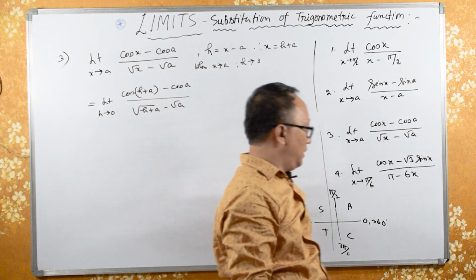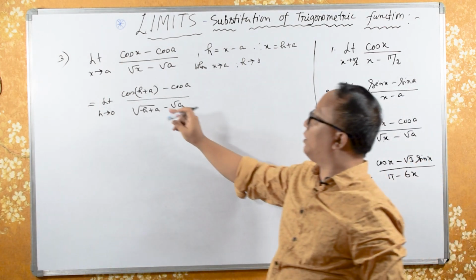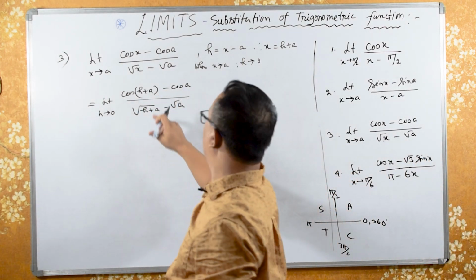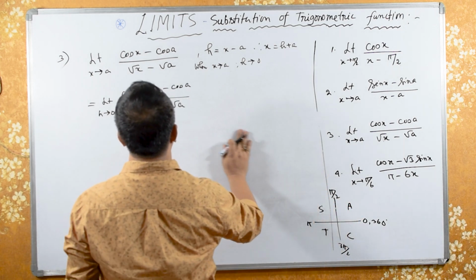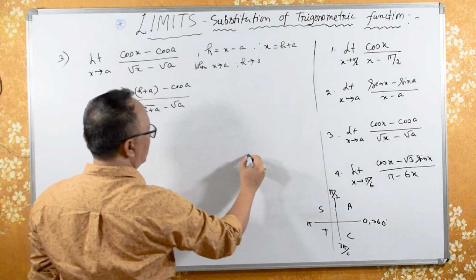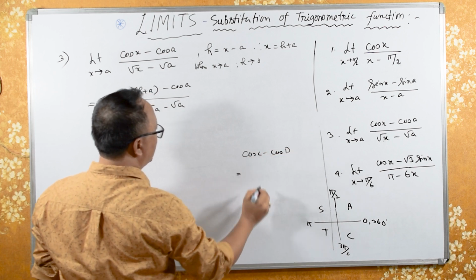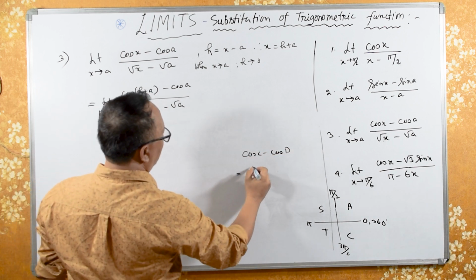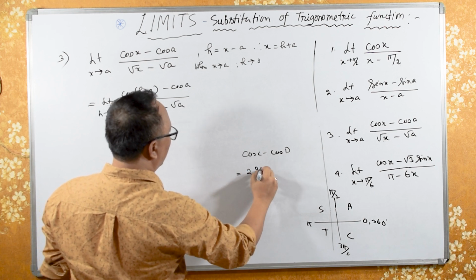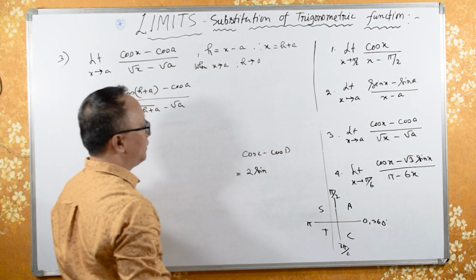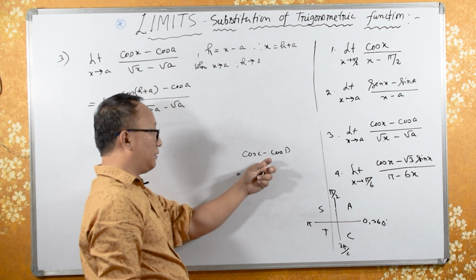Okay. Now here what we can do is apply the cos c minus cos d formula. Remember, cos c minus cos d is 2 sine of (c plus d) upon 2 times sine of (c minus d) upon 2, with a minus sign.